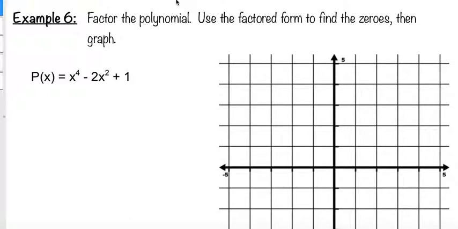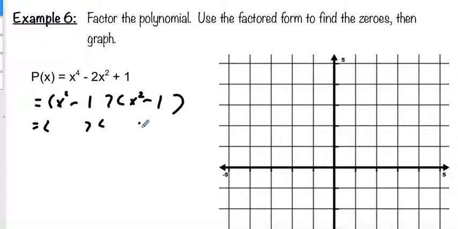So then, you'd want to factor this. There's no GCF in it, so let's just factor it. What times what gives me x to the 4th? x squared. What multiplies to give me 1 and adds to give me a negative 2? That would be a minus 1 and a minus 1. I can continue factoring that x squared minus 1.